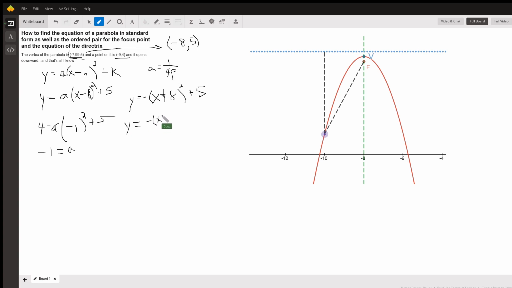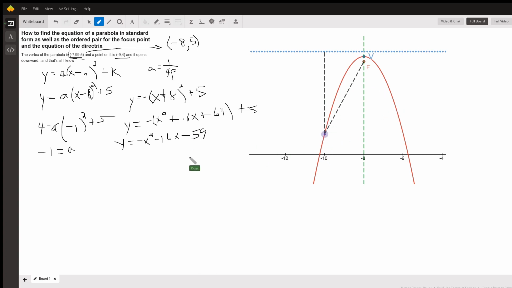So x squared plus 16x plus 64, plus 5. y equals -x squared minus 16x minus 64 plus 5 is what? Minus 59. Okay, so there's the equation of that red parabola.